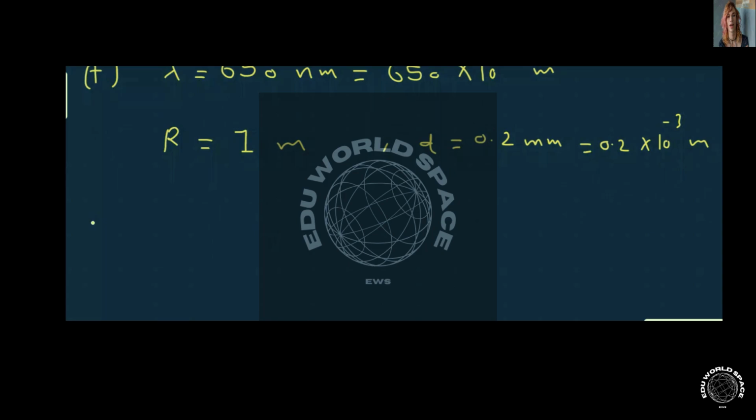So here the distance to the lesser maxima y is equal to delta x, which is the path difference, times r divided by d.